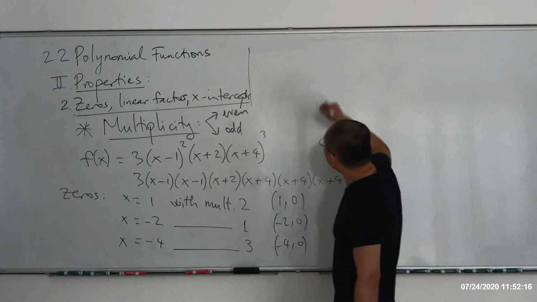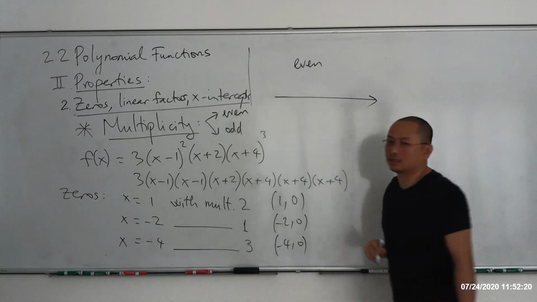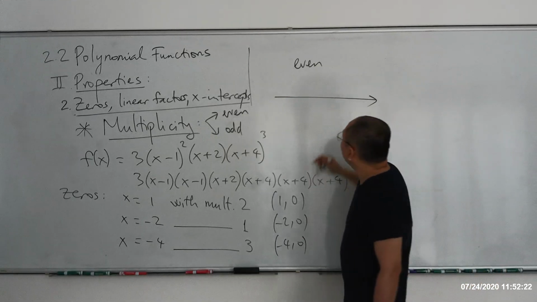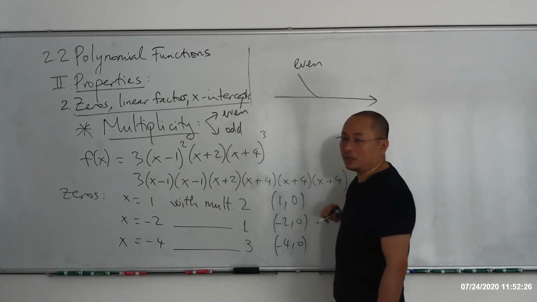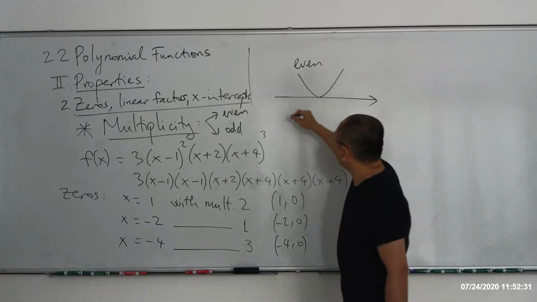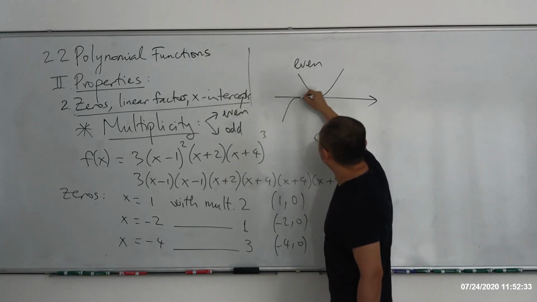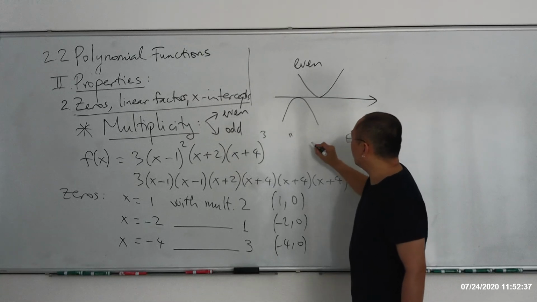Okay. So for even multiplicity, just assume this is the x-axis. The graph is going to get closer to the x-axis, and then it's going to bounce back. Of course, the other side could be this way too. Okay. And we call it what? Tangent, or informally, we call it what?